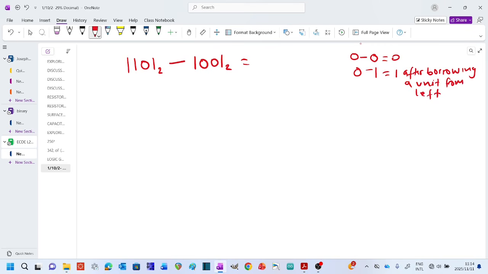We're going to explain what that means. 1 minus 0 is 1, and 1 minus 1 is 0. If we fall into the case where it's 0 minus 1, we're going to have to explain. Otherwise, go check our previous tutorials about binary subtraction. You're going to have more clarity there.